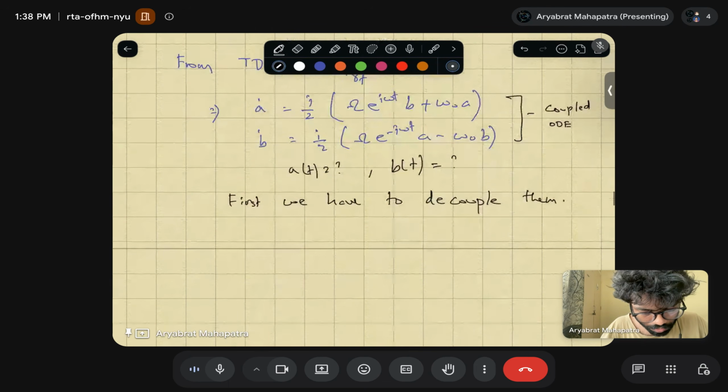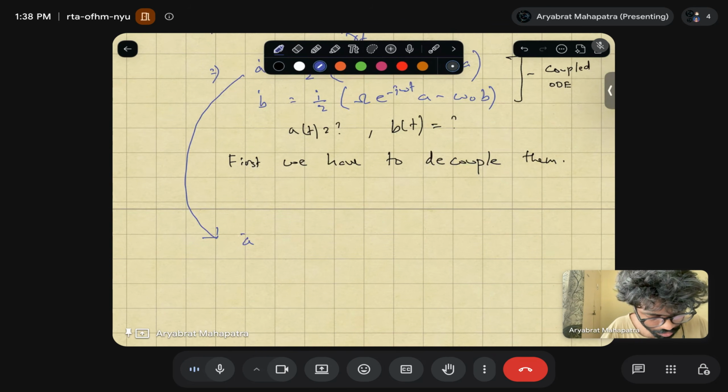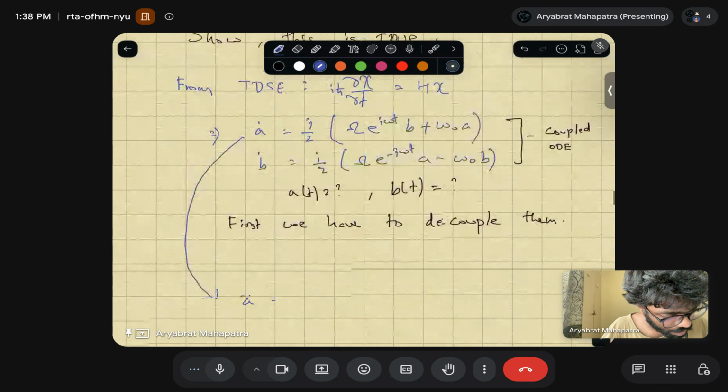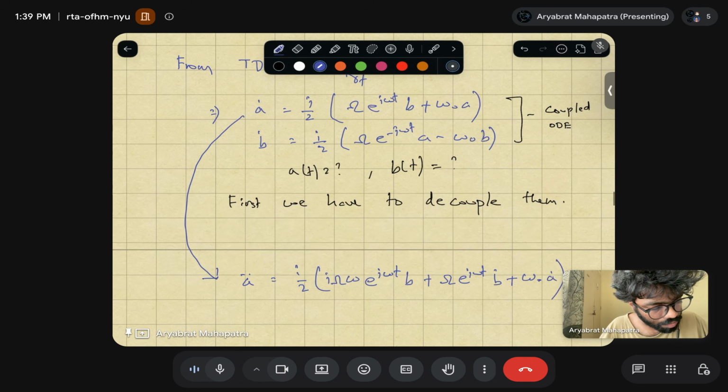For example, if we take another derivative of this expression, A double dot equals i by 2 omega, then again i omega exponential i omega t B, then again omega exponential i omega t B dot plus omega naught A dot. So I would get an expression of this type.